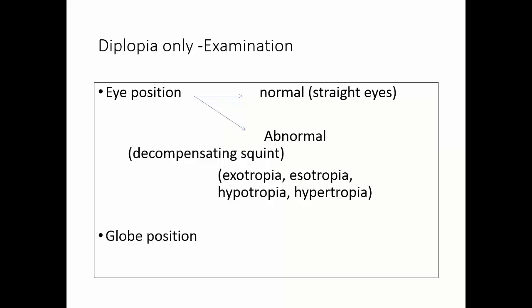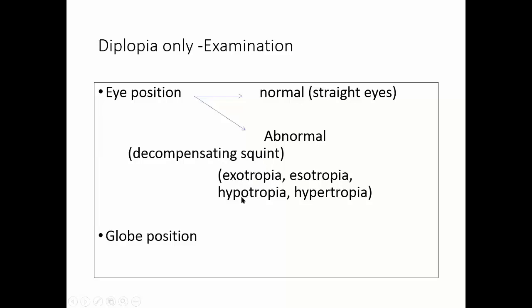In general, squints normally present with ocular misalignment rather than diplopia, whereas muscle palsy presents with diplopia. But long-standing squints, when they decompensate, can develop diplopia.